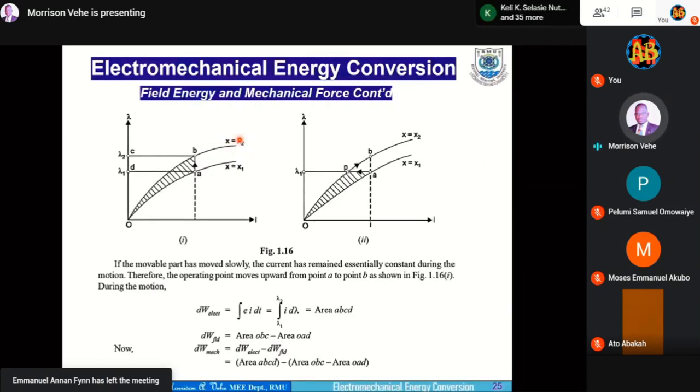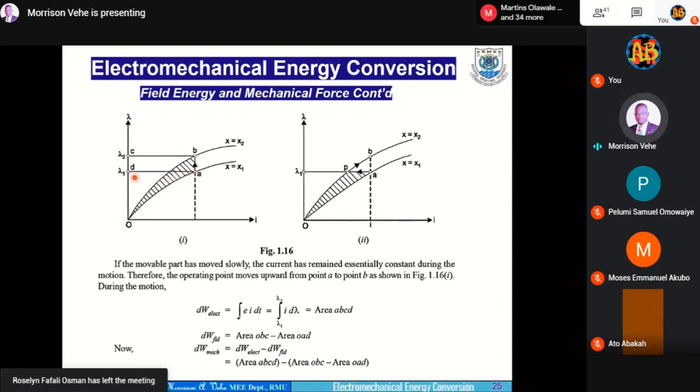So a new position is X2 from X, where our previous position was X1 from X. With this movement from A to B, the arrow goes up.